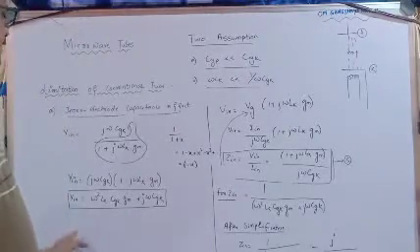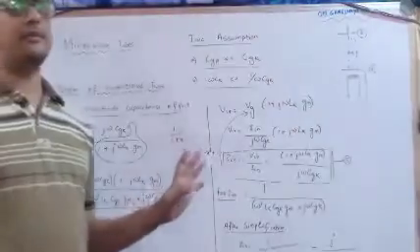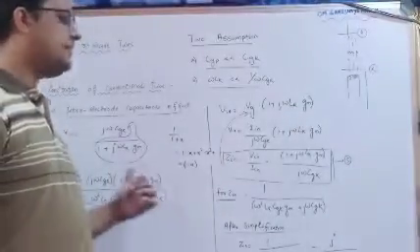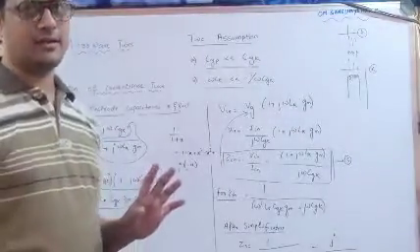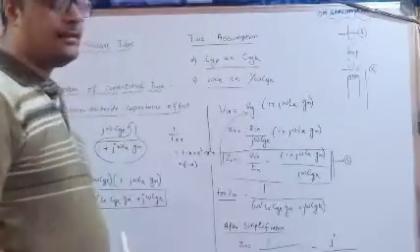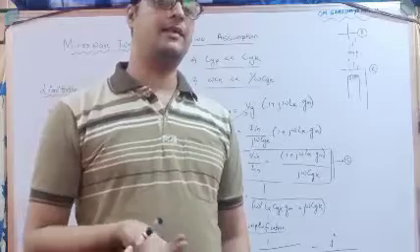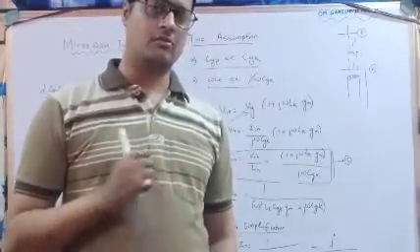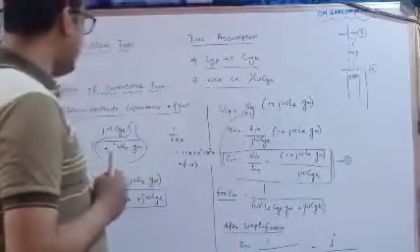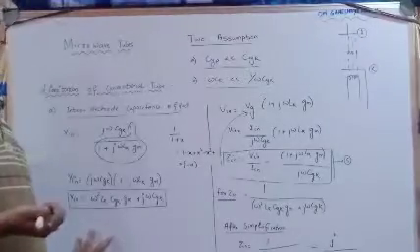Now in this you can see the real part depends upon omega square and the imaginary part depends upon omega. Now the thing is, when the impedance is going high or going low, admittance is the reverse of impedance.